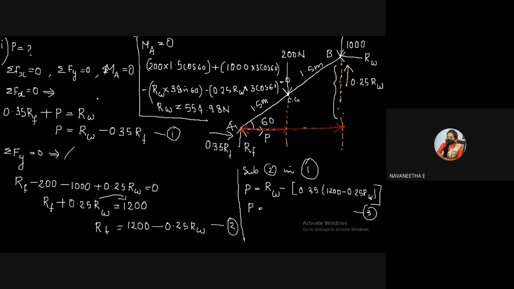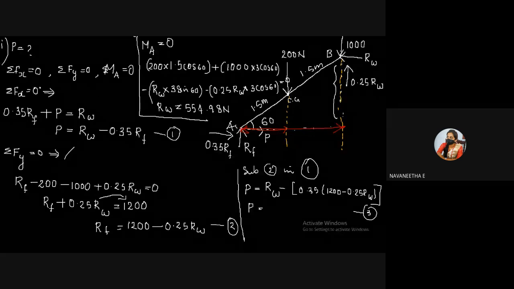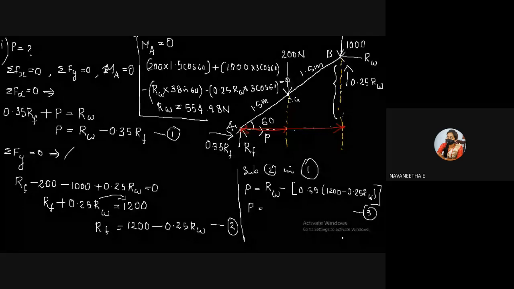So we have to find out the value of P, right? You will get the value of P by substituting RW in the third equation. Anyone got the value? What is the value of P? 183.54, yes, it's good. 183.54 Newton, right?